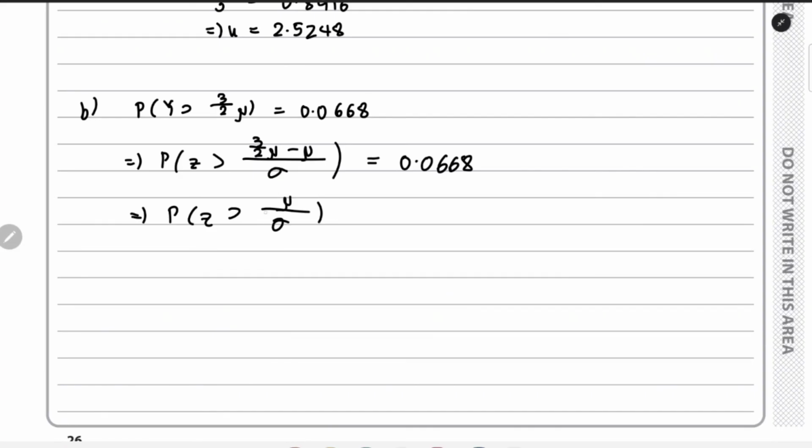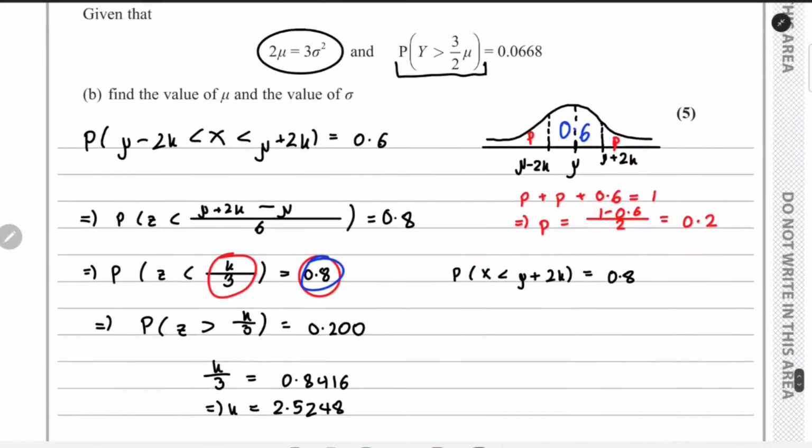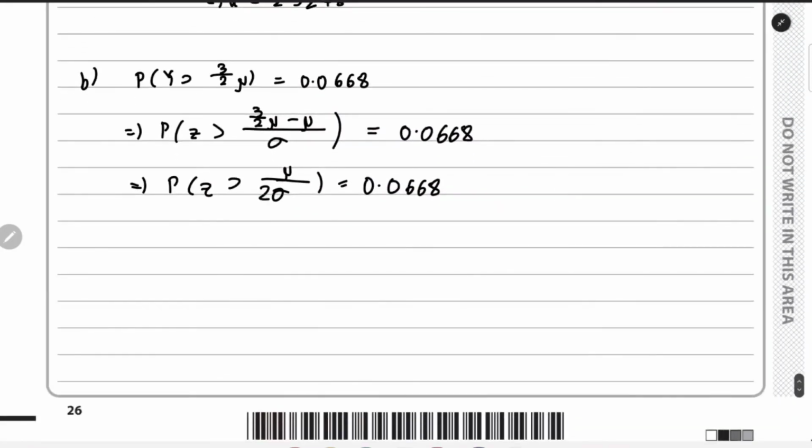So now we know this relation over here. It's 2 mu equals 3 sigma squared. So 2 mu equals 3 sigma squared. Therefore mu is 3 by 2 sigma squared. We can place it over here. So 3 sigma squared. So one of these cancel out.